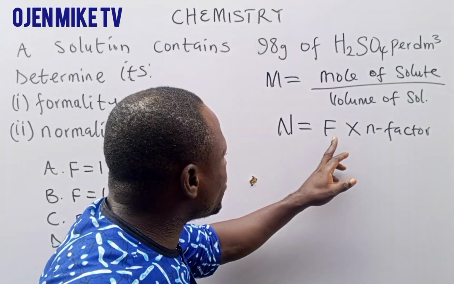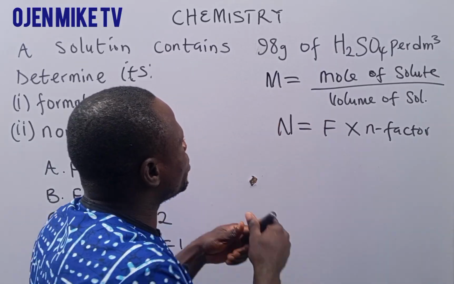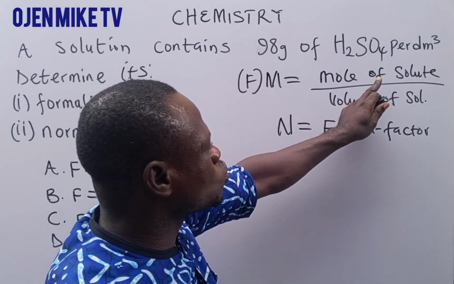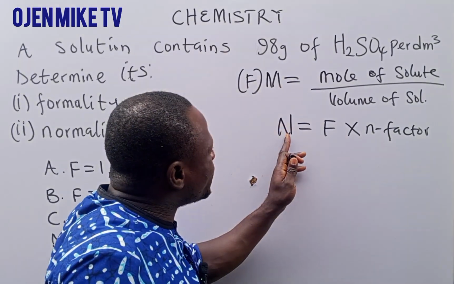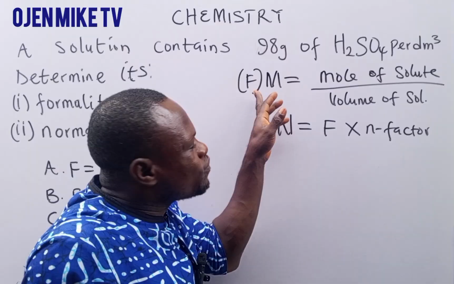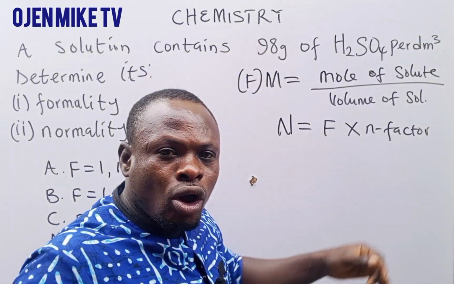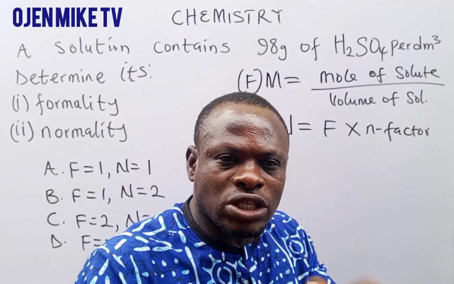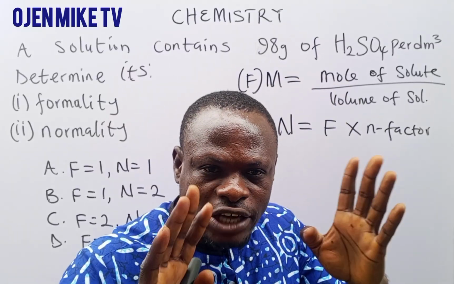Now, formality is what you have here. Remember, this one is formality. Your normality will be the formality times the n factor. The n factor is gotten from acid, base, salt, and redox reactions.